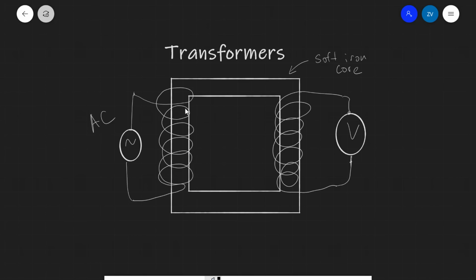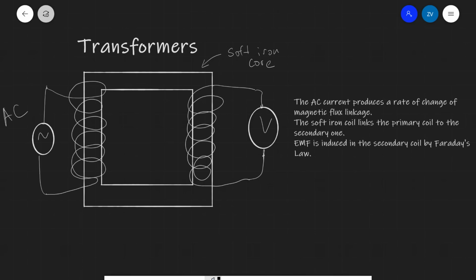Now, hang on a minute. Suddenly, I have changing flux around this area over here, which is going to induce an EMF into my secondary coil.